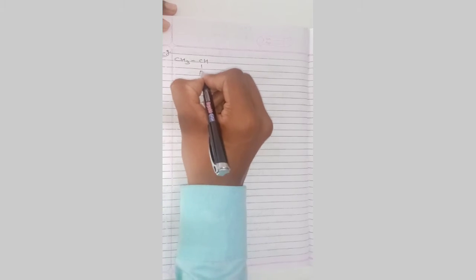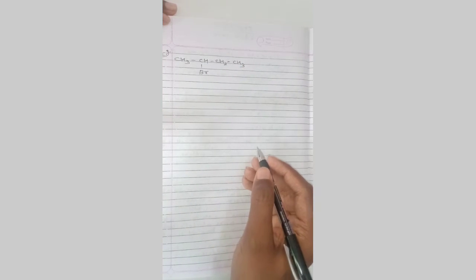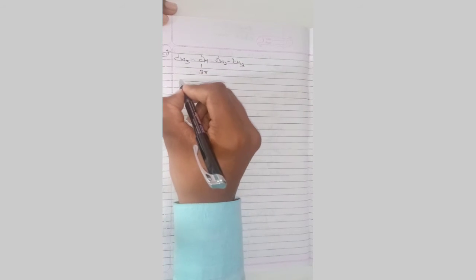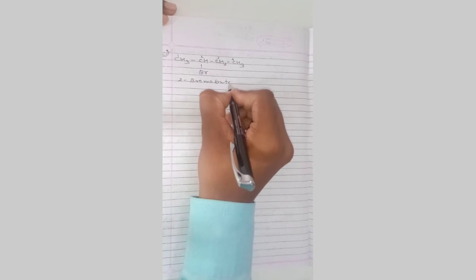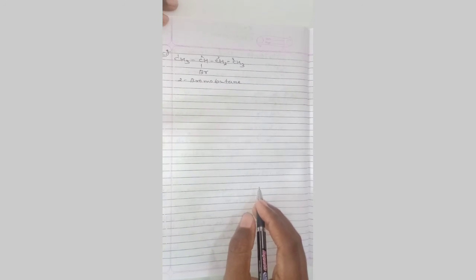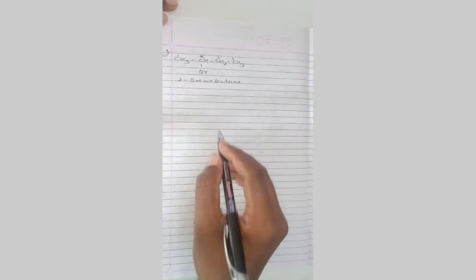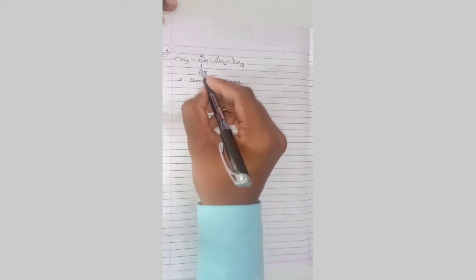For example, here CH3CHBrCH2CH3, numbered 1 2 3 4, 2-bromobutane. This carbon is the alpha carbon because it is directly bonded to the halogen atom, bromine.